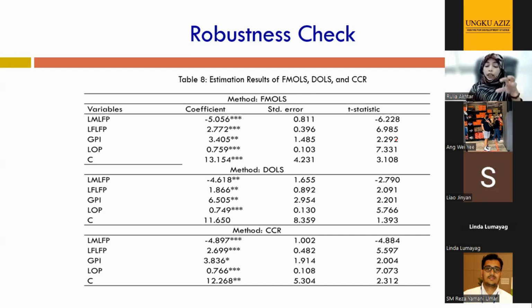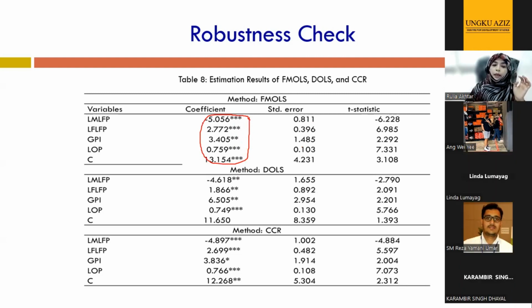So here, what is the strong justification? If these coefficient values are similar to the long-run ARDL model, meaning the same sign, not the same value, but the same sign and the same significance level. Suppose female labor force participation is positive and significant.